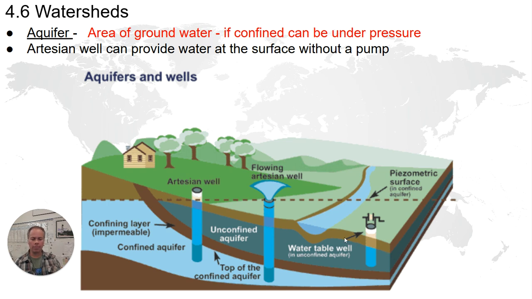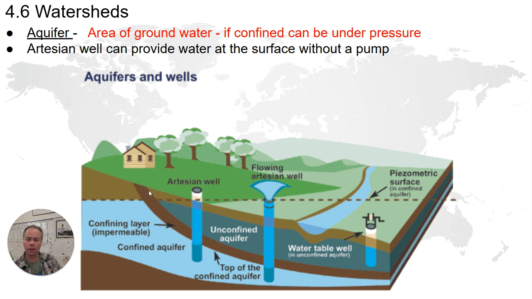This is basically the water table at the upper surface, and below that is the groundwater. We can use a well that is dug. A well is basically just a hole into the ground that accesses groundwater. We can have pumps, generally electric pumps, that pump that water from the water table into homes and businesses. So that's one way of accessing groundwater, through using a well.